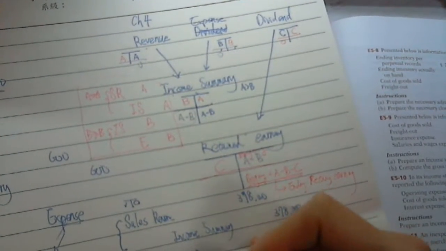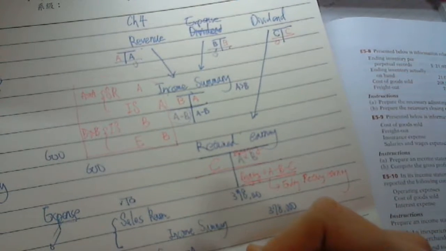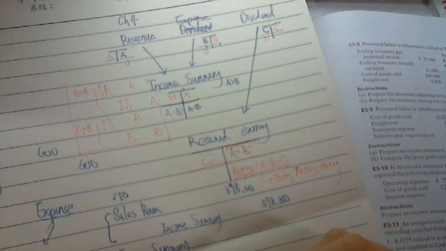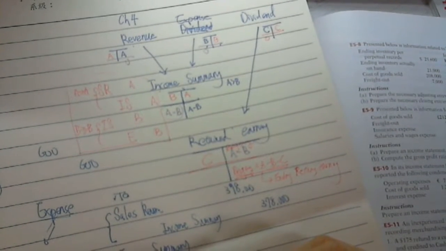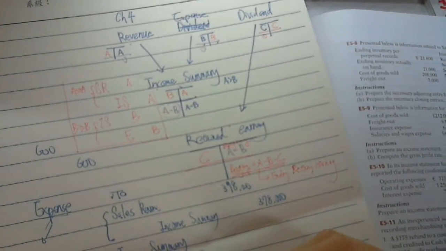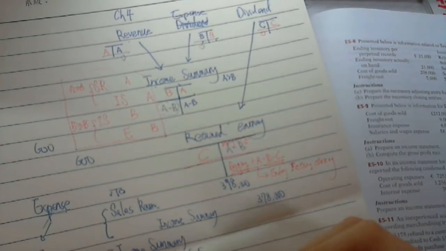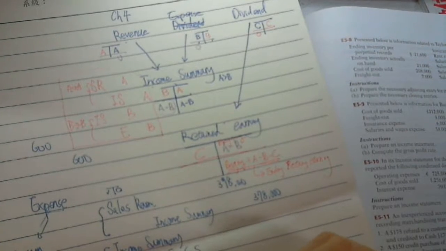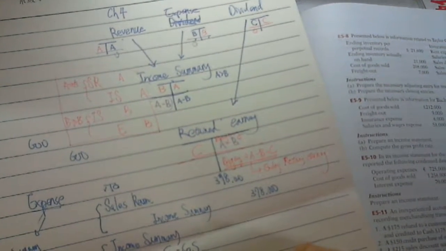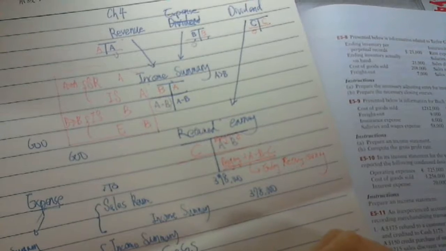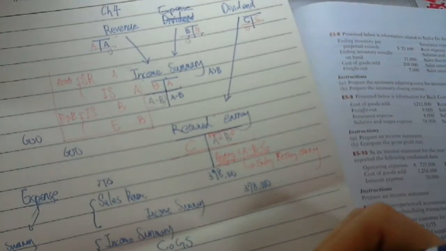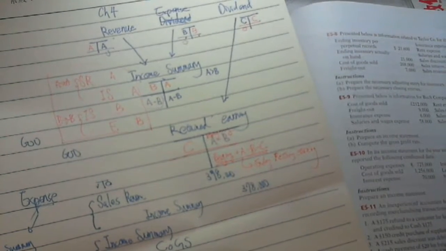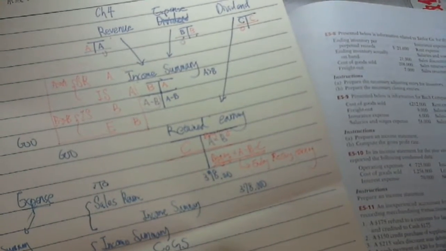So the first one is cost of goods sold and the freight out and the insurance expense, rent expense, salaries and wages expense, sales discount, sales return and allowance.